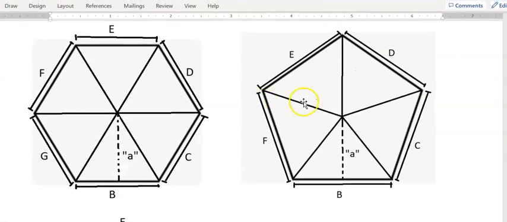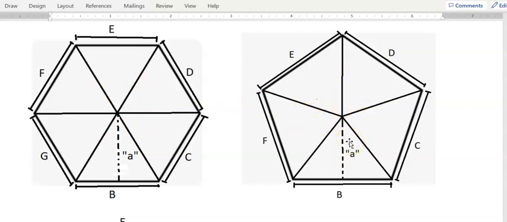So what you guys are going to do is cut out each one of the triangles, making sure to leave on the letter that's over here. So cut out, in this case, 5 different triangles and start playing with them and see if you can get yourself a square, a parallelogram, a trapezoid, or any of those things. Once you figure out what you get, then try to adapt the formula. You will get one type of figure for the 6-sider, and you'll get a different figure for the 5-sider.